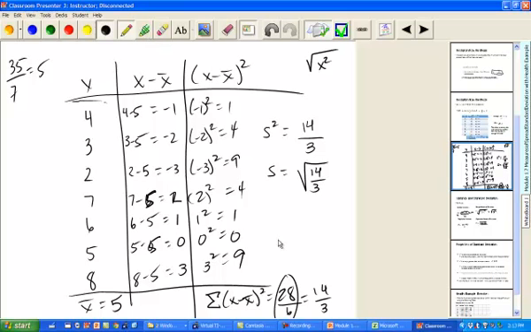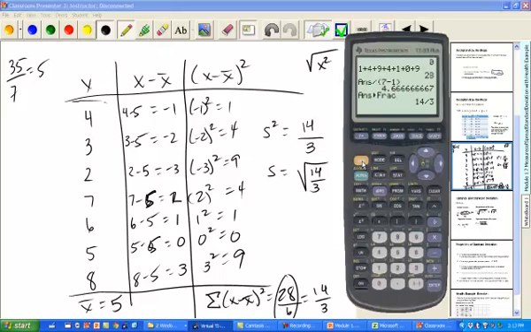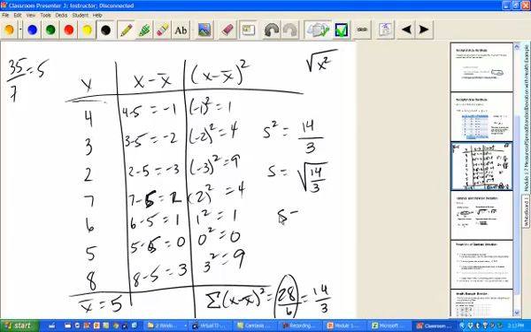So the way I do that on the calculator is I go second, square root, answer. Then I get a decimal value, 2.16, so we'll round that to 2.2. That value has the same unit as all the other values that you had.